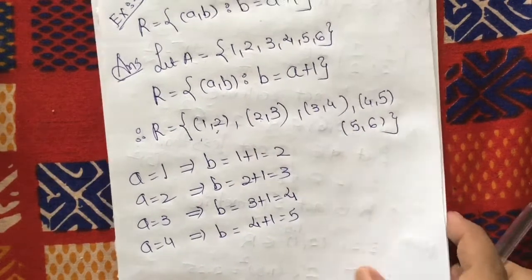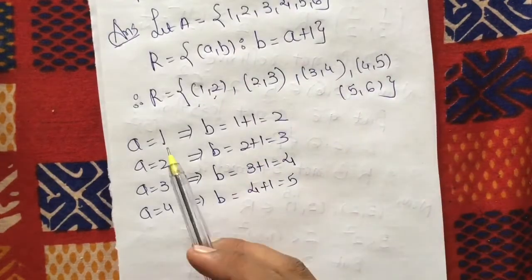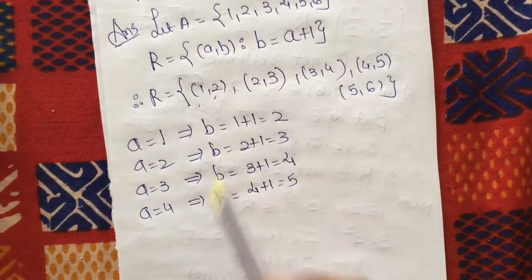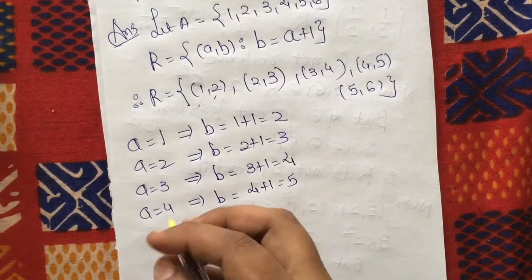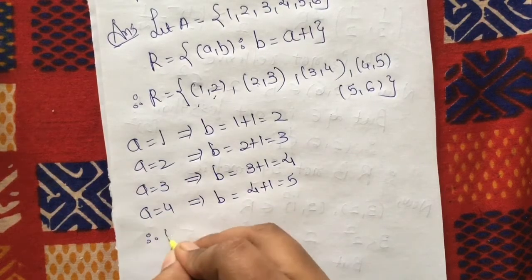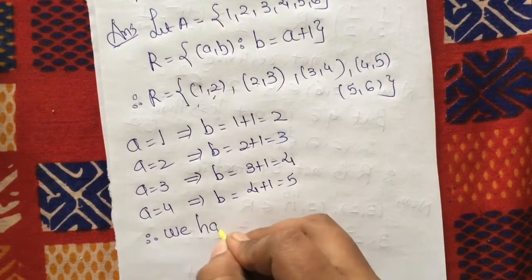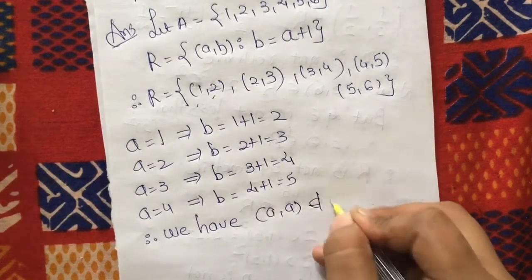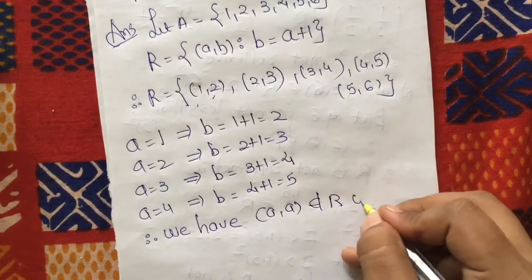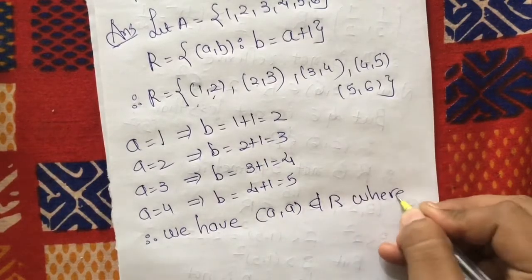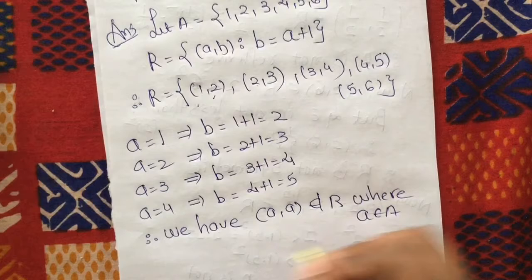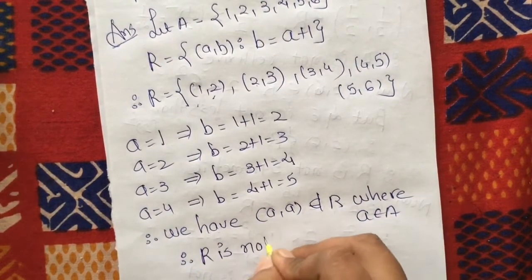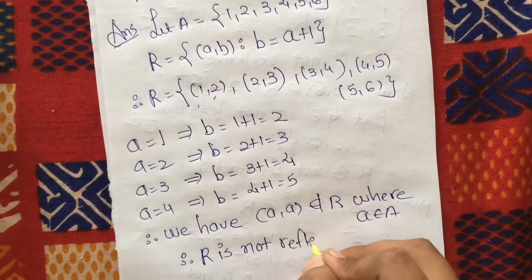Okay, so now we are finding that (1, 1), (2, 2), (3, 3) ऐसी कोई पैर नहीं बन रही. So therefore we have (a, a) does not belong to R, where a belongs to A, therefore R is not reflexive.